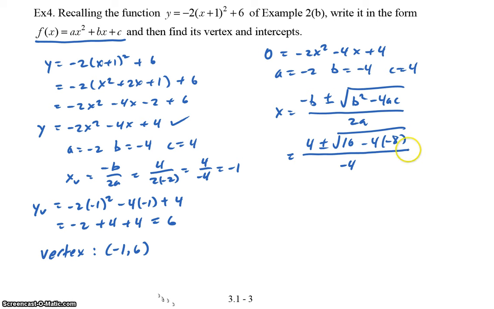Now simplify. 4 plus or minus square root 16 plus 32, all divided by negative 4, so we have 32 plus 16, 48 over negative 4.